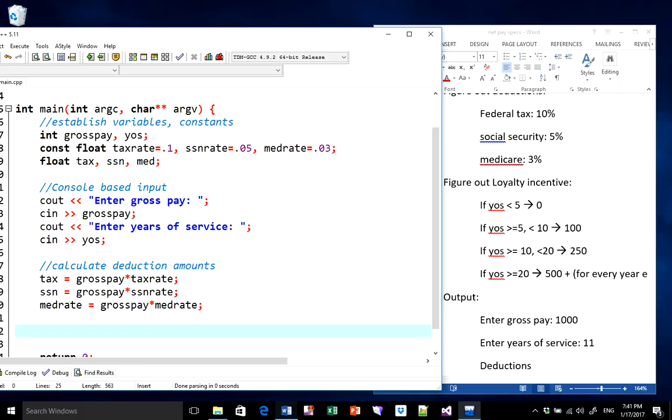Would you define another variable, or would you say if years of service is smaller than 5, loyalty is equal to 50, and then use the equation down, or would you just float? I don't know how to explain.